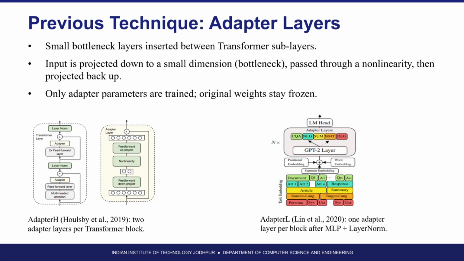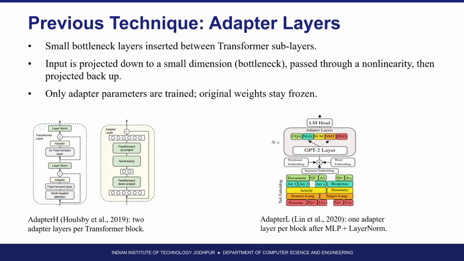The original pre-trained weights stay completely frozen. There are two main variants, Adapter L and Adapter H. Adapter L adds one adapter after the MLP and layer norm in each block, and Adapter H adds two adapter layers per transformer block. Both significantly reduce the number of trainable parameters.